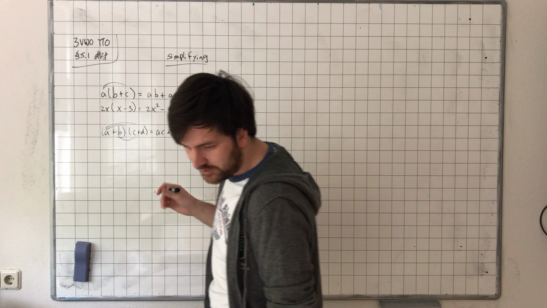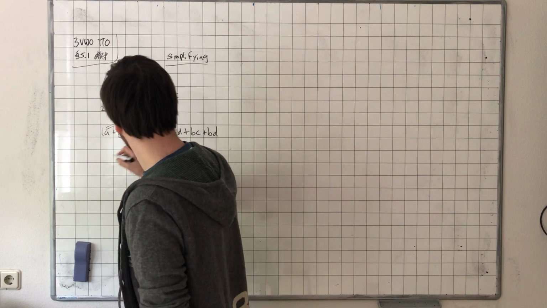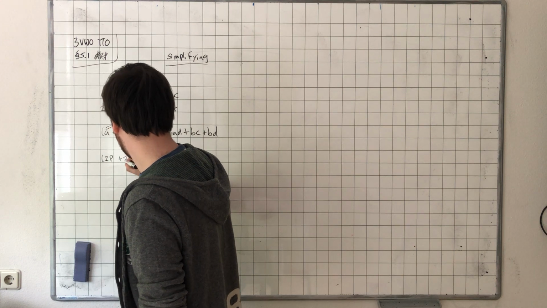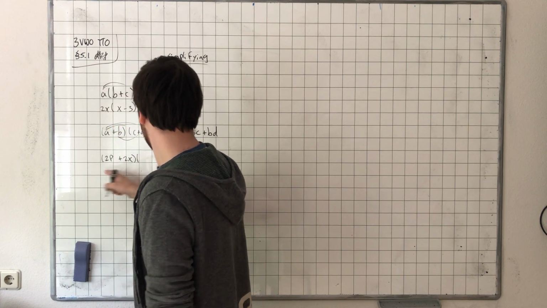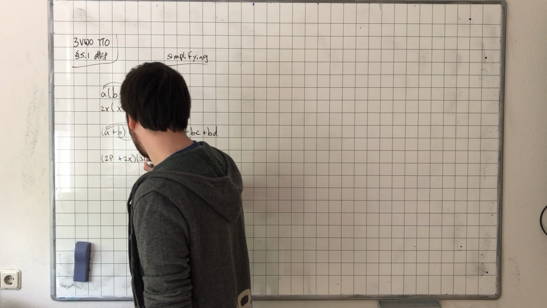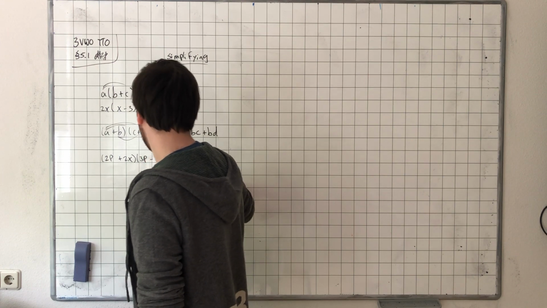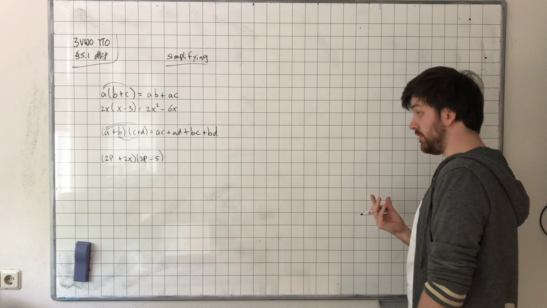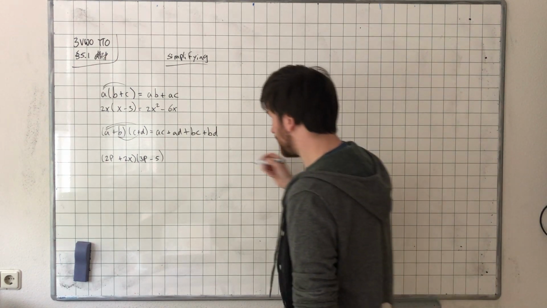So in this case, let's say, for example, that we have 2p plus 2x times 3p minus 5. Then this is something that we can simplify, and when we're trying to simplify, we're just removing the bracket.